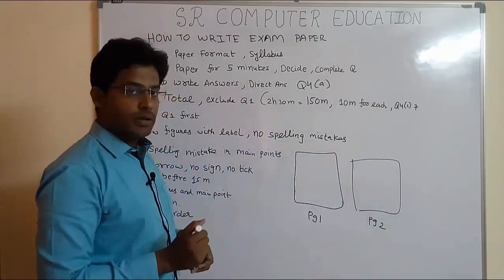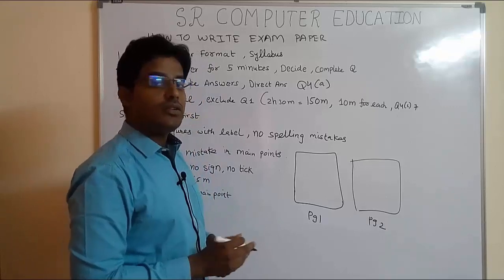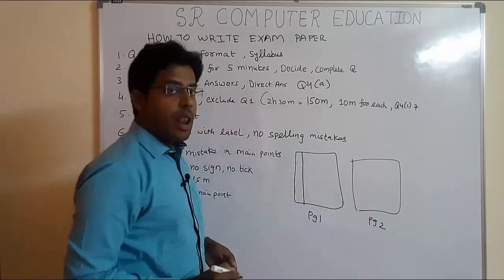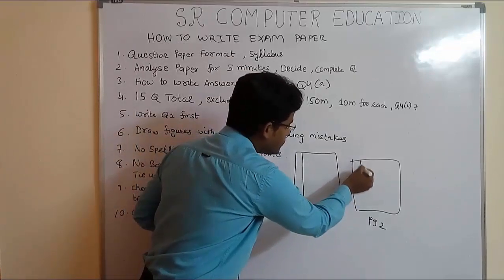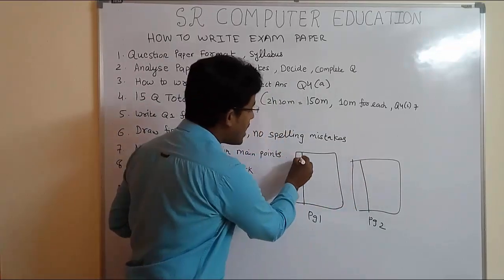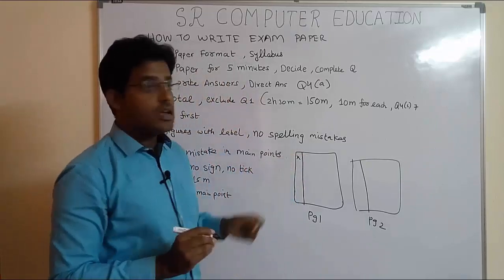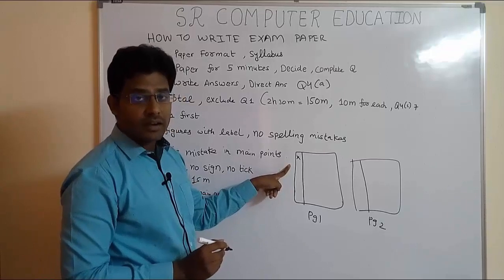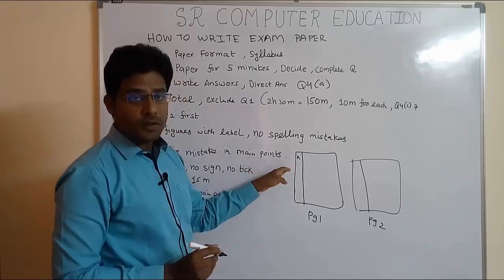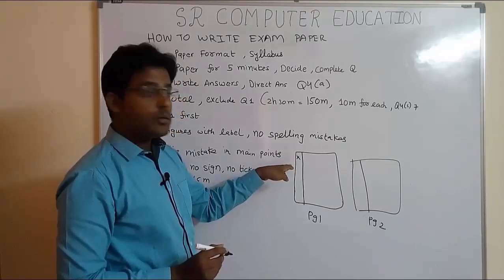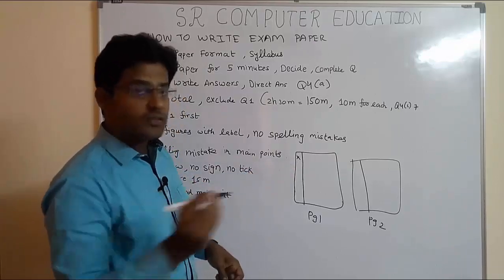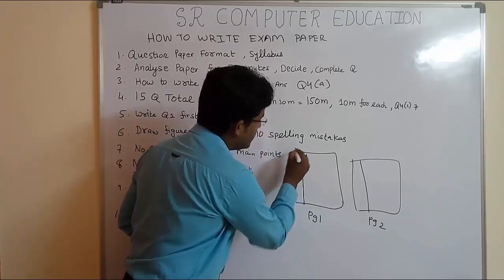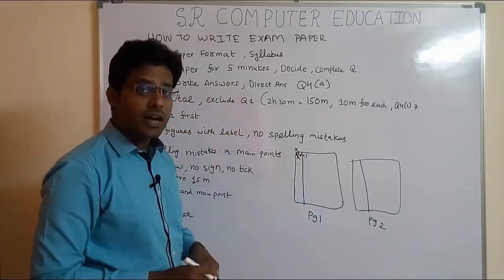Now you have to remember here, in Gujarat Technological University paper, there is a portion at the left side. You don't have to write anything here. If you write anything here, that is not going to be checked because it is used for office purposes. So leave that part blank. What students do, students write here question 4a. This is not right. You will not get marks for that.